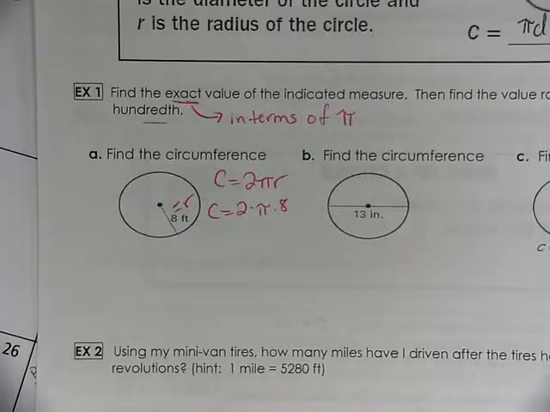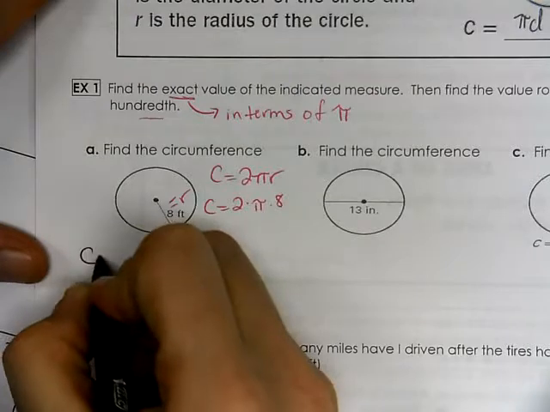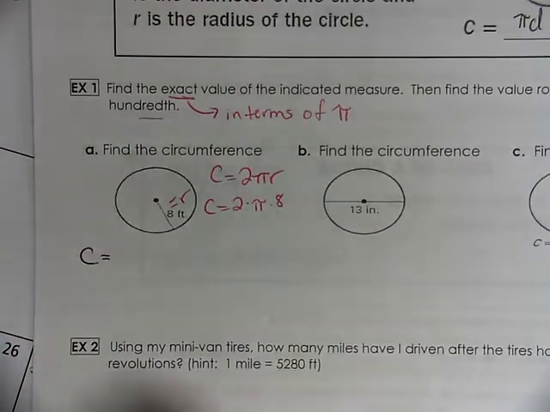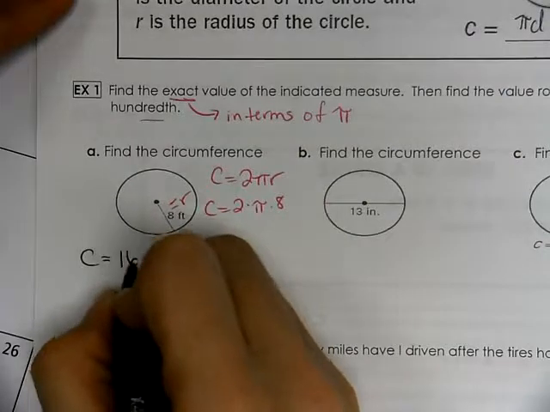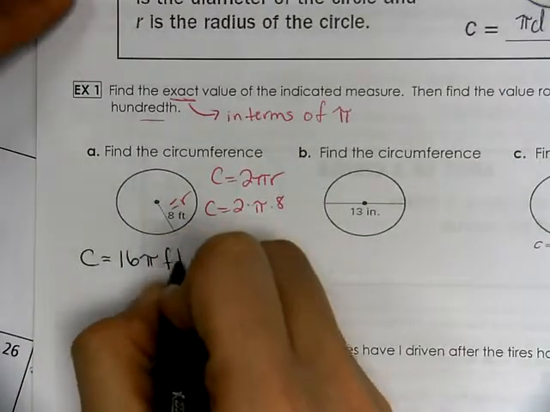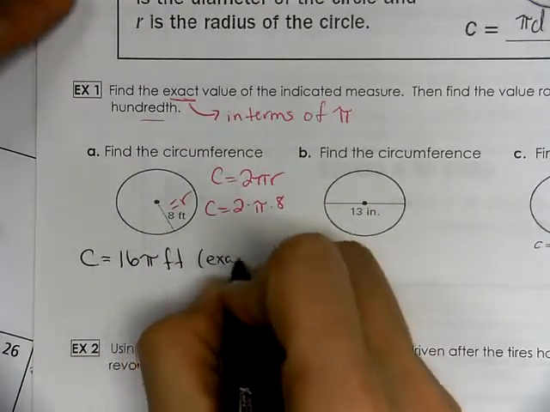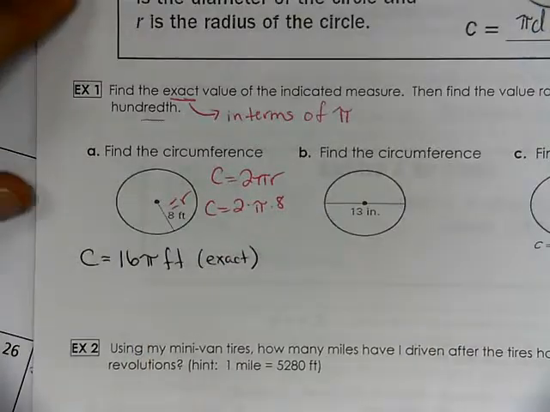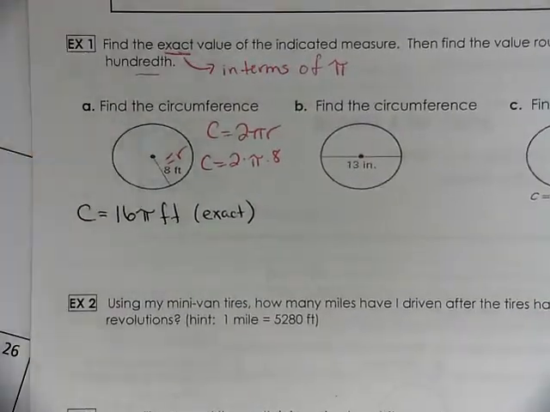So I have to give two different answers. Okay, the exact answer is the circumference is, what's 2 times 8? 16 pi feet. That's the exact answer, if I want to leave my answer in terms of pi.